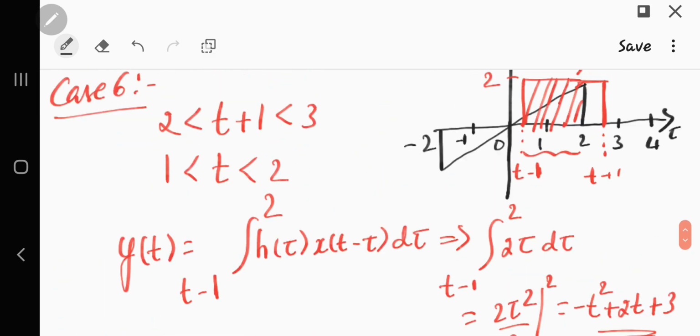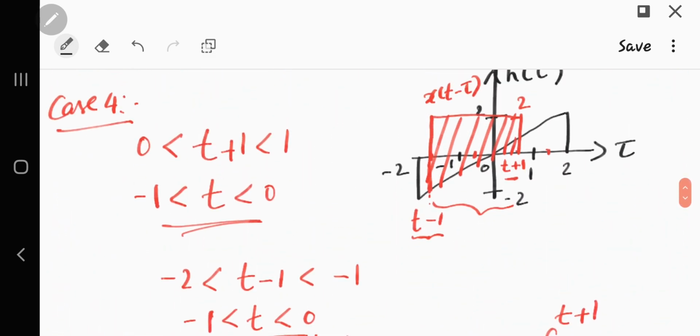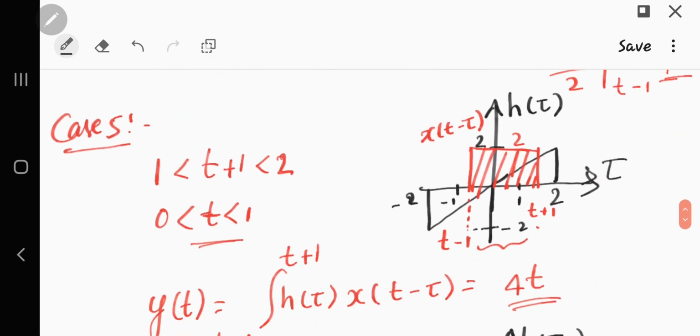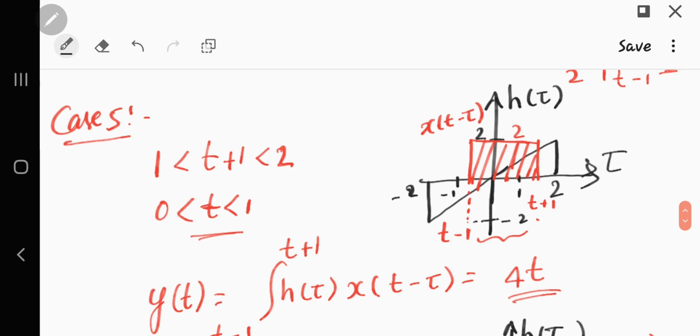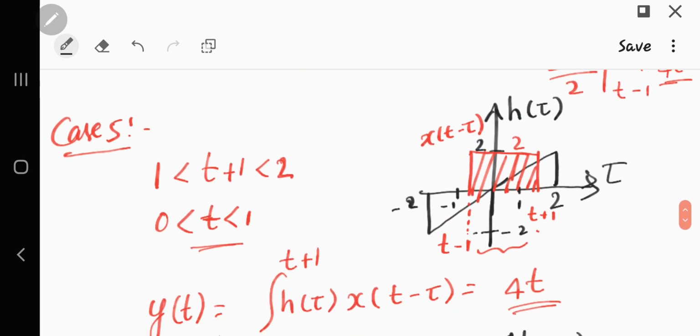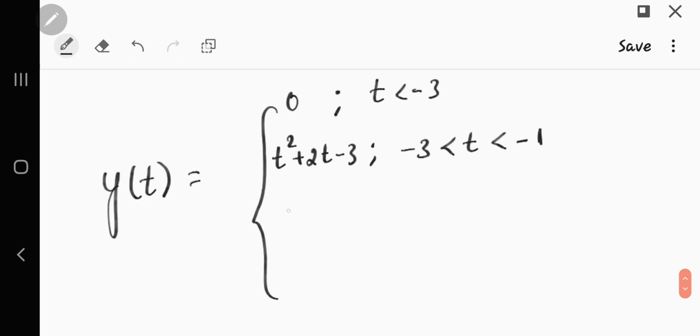So if you go to case 4 and case 5, again you can see we have repeated signals, t minus 1 to t plus 1, from minus 1 to 0 and 0 to 1. We got 4t, 4t. So I am writing here y of t is equal to 4t from minus 1 to plus 1.